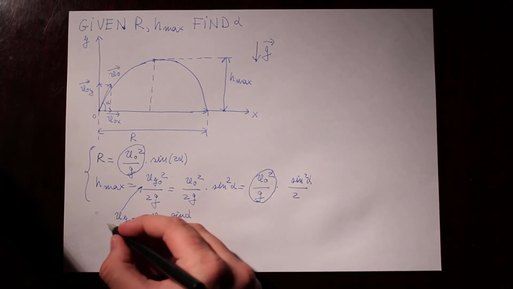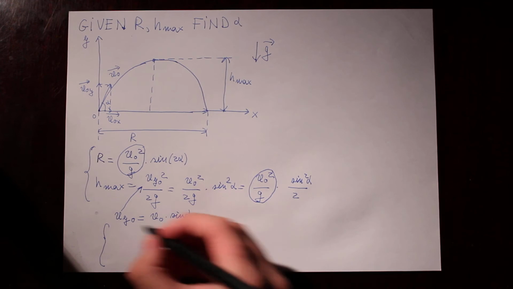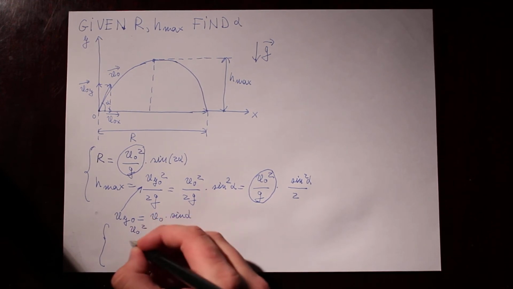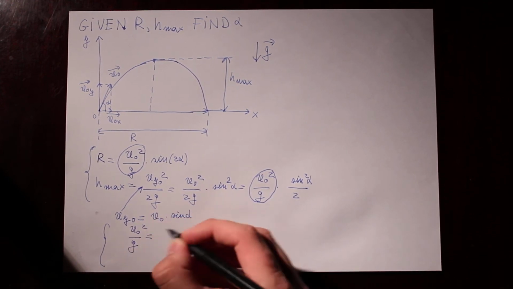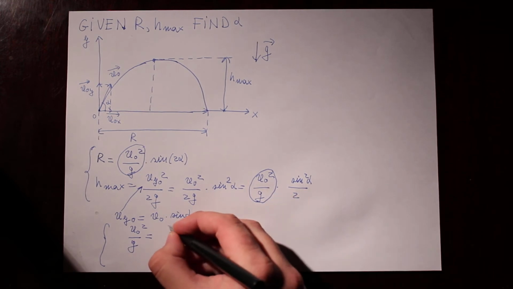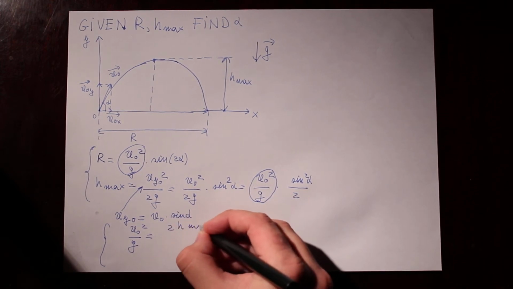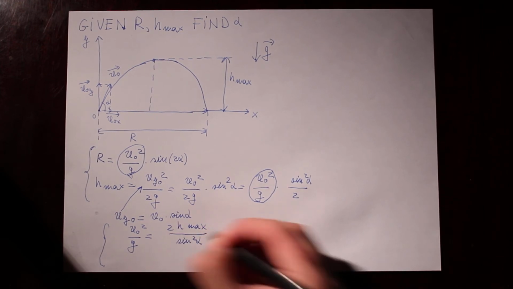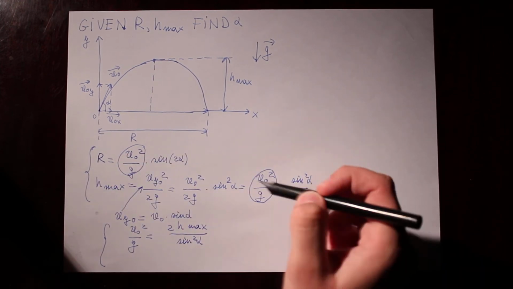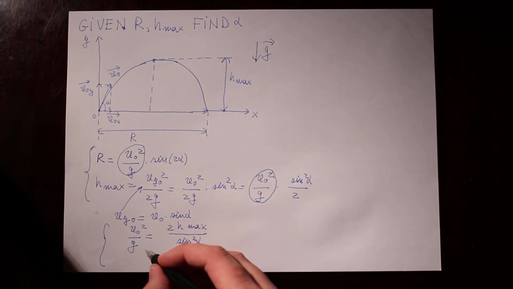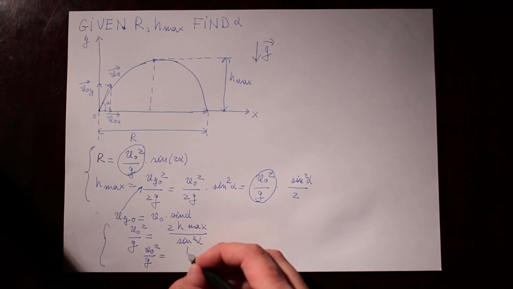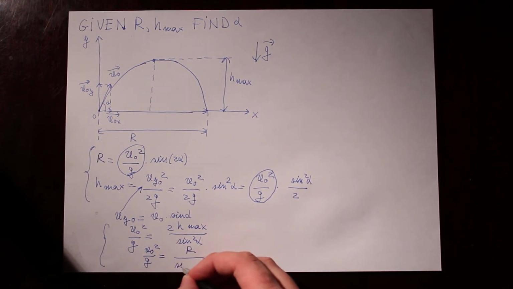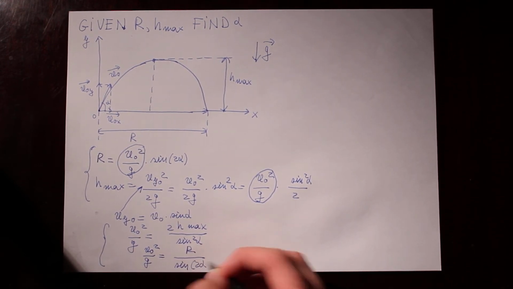And let me just go forward. We have v0 squared divided by g equals 2h max divided by sine squared of alpha. And this is from the second formula. And now from the first formula we have v sub 0 squared divided by g equals r divided by sine of 2 alpha.